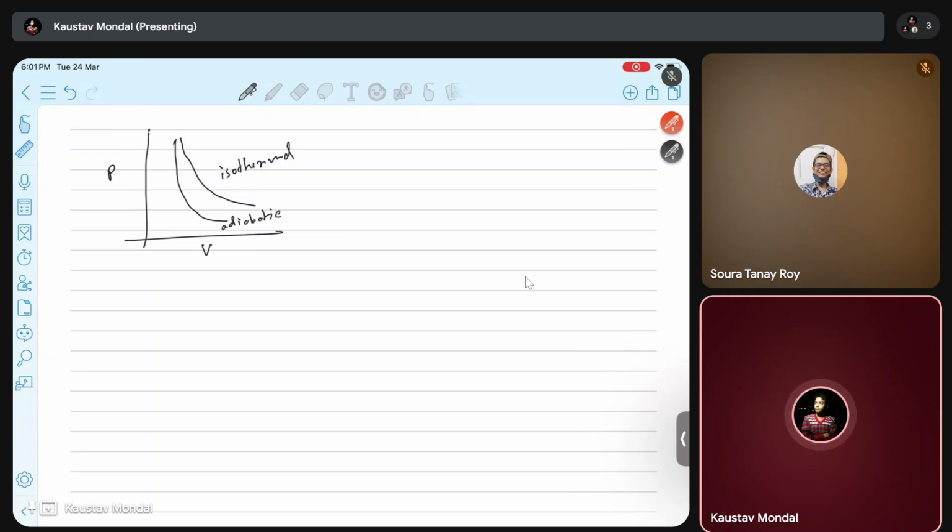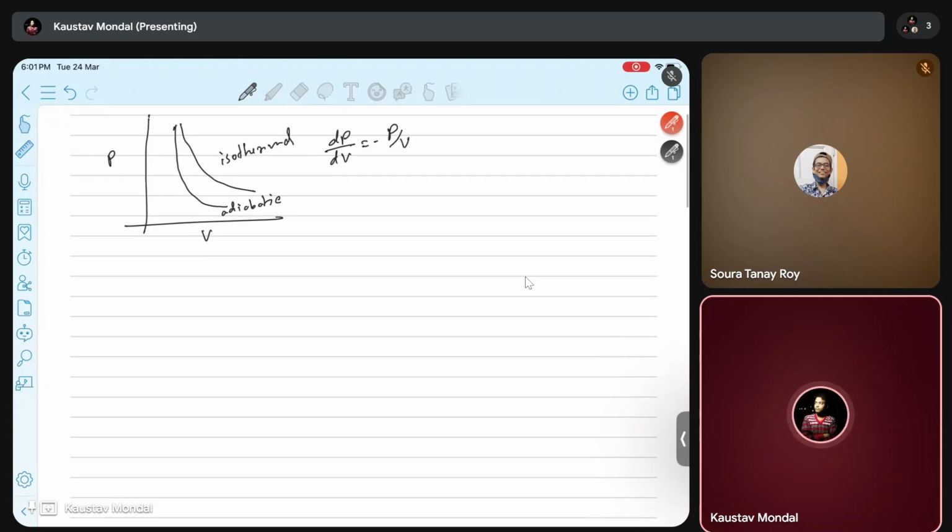So for the isothermal case, the slope of the curve is dP by dV equal to minus P by V. And for the case of an adiabatic process, the curve is dP by dV equal to, there's an extra gamma factor, which is the adiabatic ratio, you can say, times P by V.